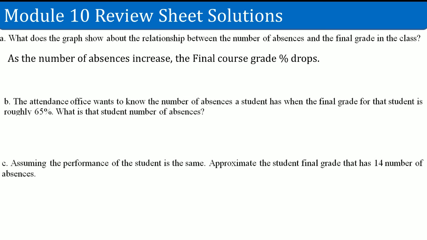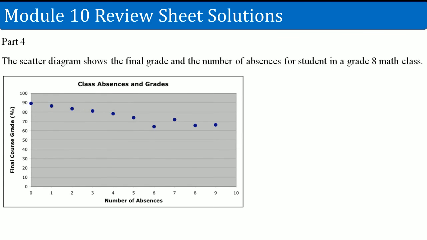The attendance office wants to know the number of absences of a student when the final grade is roughly 65%. So let's take a look. 65% looks like it's right here in the middle of 70 and 60. We can draw a line. That looks like one. That looks like another one.